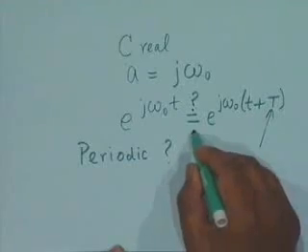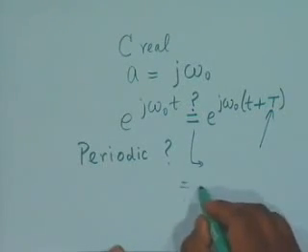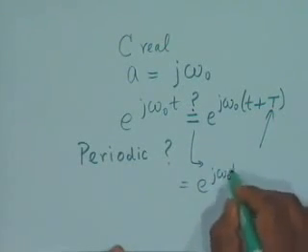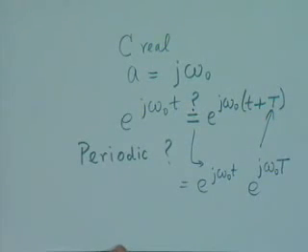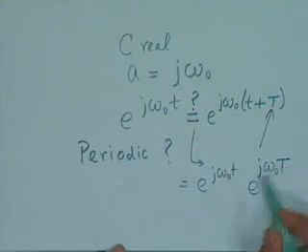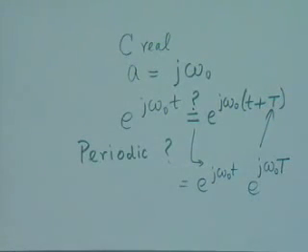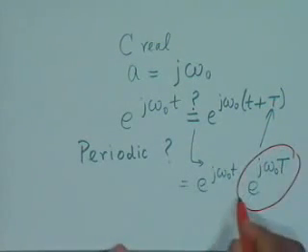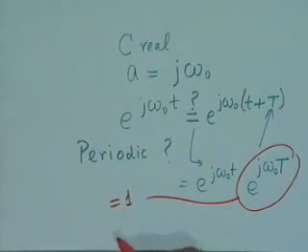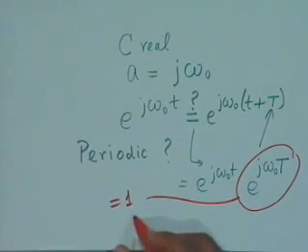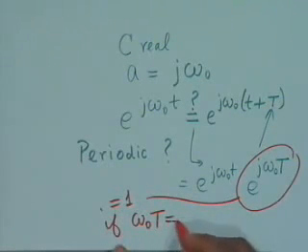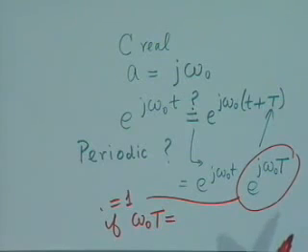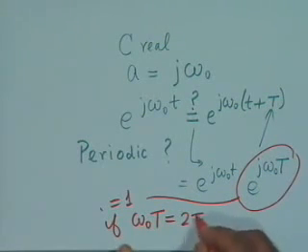If you simplify this, it becomes e to the power j omega 0 t multiplied by e to the j omega 0 capital T. And what we need is that this factor, e to the j omega 0 capital T, should be equal to 1. And obviously, this is equal to 1 if omega 0 T is equal to an integral number of 2 pi's, that is 2 pi m.